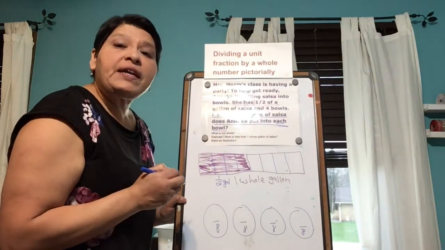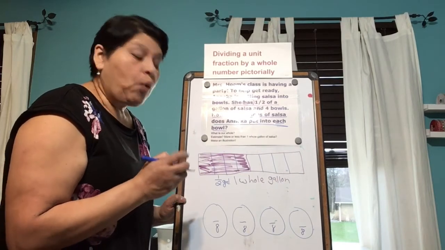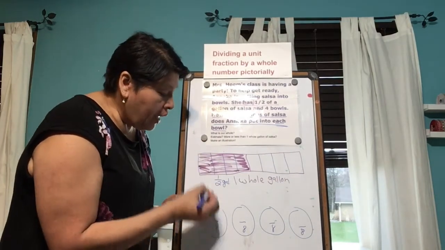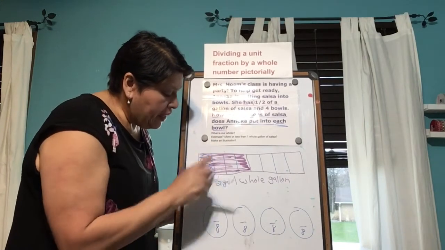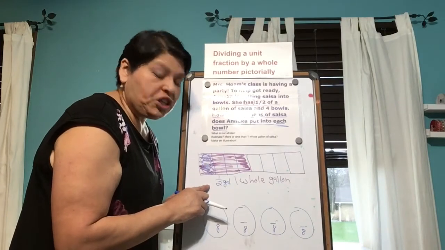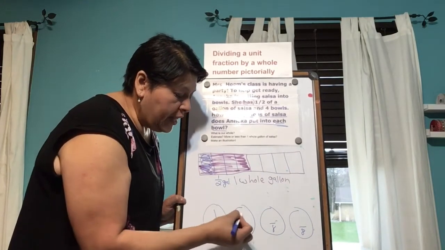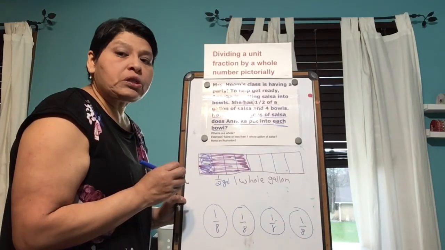Now I need to find out how much is my numerator. Well, I'm putting 1 into each of those. So it is 1 out of the whole, which is 8. So 1/8 is going into each of the bowls.